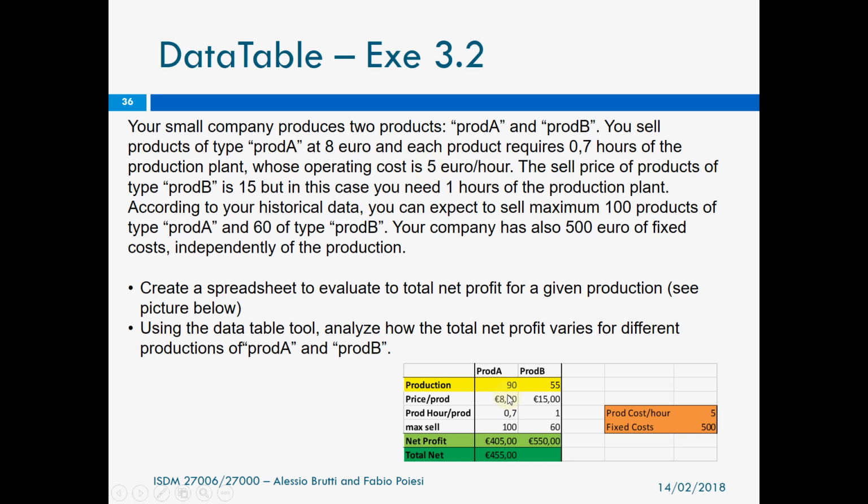We have some predefined parameters and constraints: the product price for each product, how many hours we need, how many pieces we can sell, how much the production costs, and so on. So we have to find a way to compute the total net in an automatic way as a function of 90 and 55. Then, using a data table, we want to analyze how the total net profit changes for different production of product A and product B.